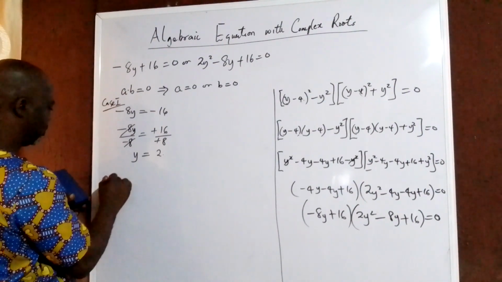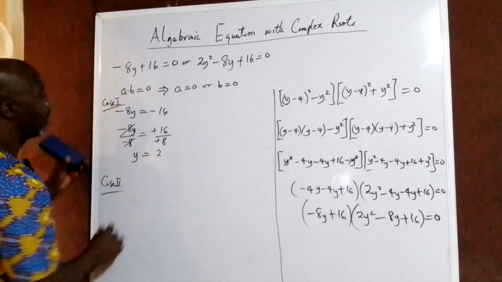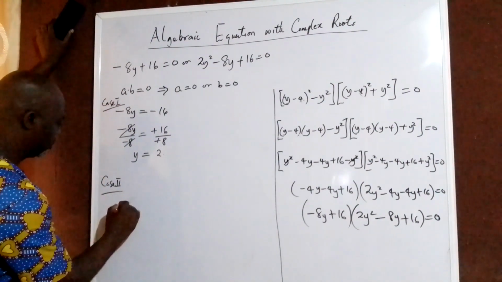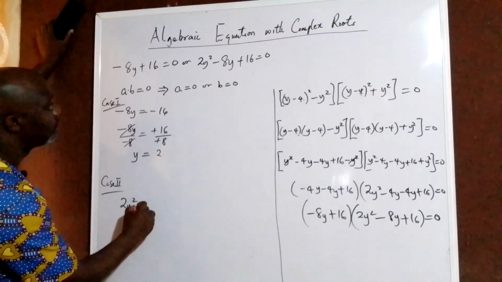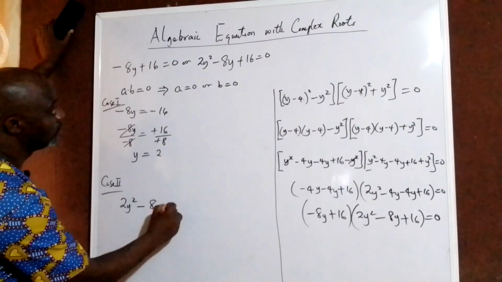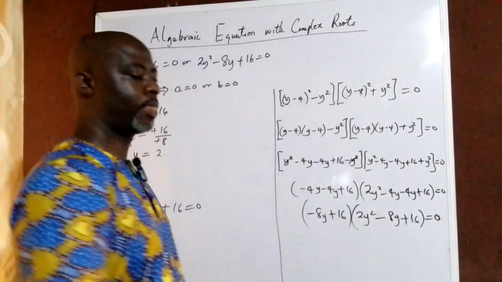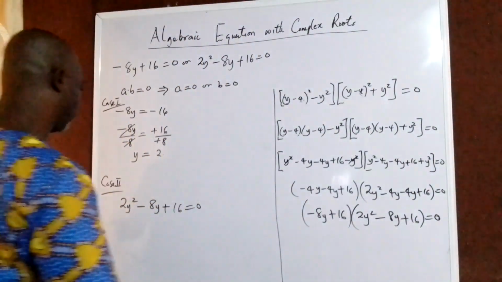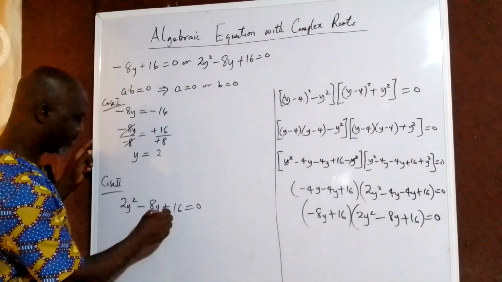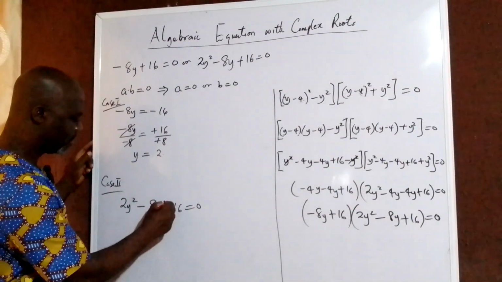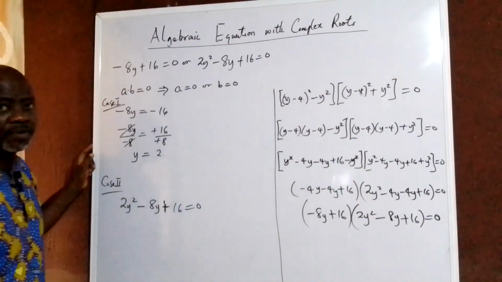And then we'll move over to case 2, where we have 2y squared minus 8y plus 16 equal to 0. So from here, first we can see that each term of the equation is divisible by 2.